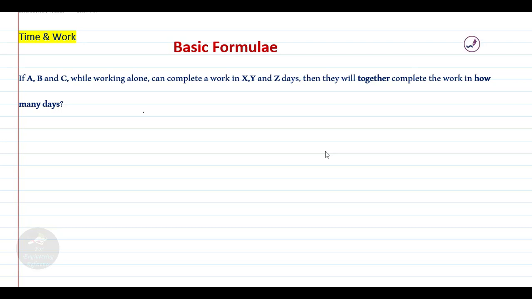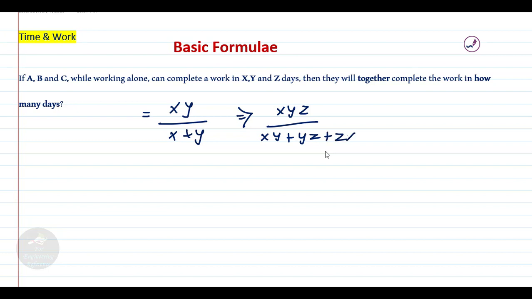We know that formula is XY divided by X plus Y. Similarly, we can recreate it for 3 persons: XYZ divided by XY plus YZ plus ZX. This is also an important formula to calculate for 3 persons.